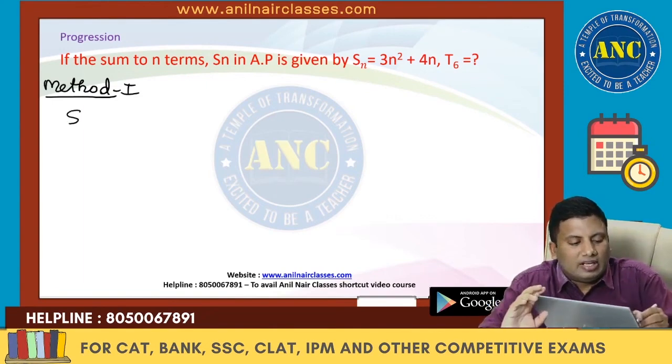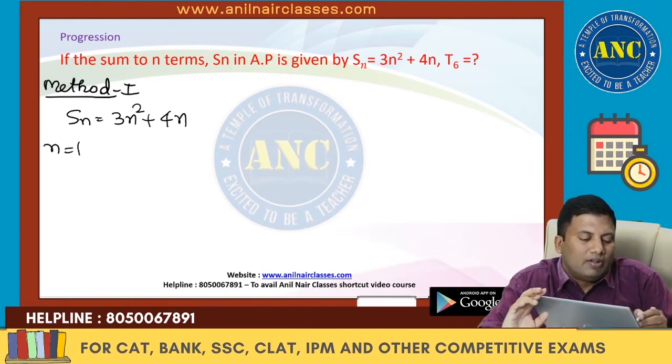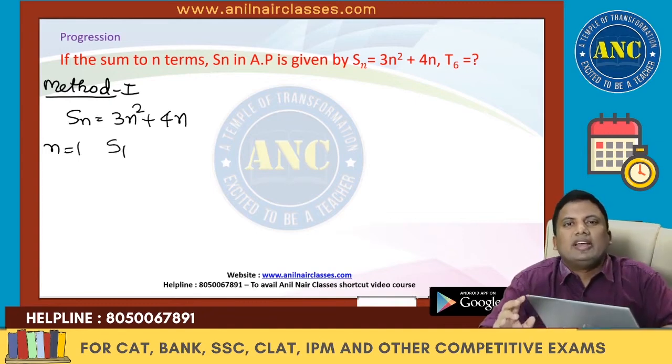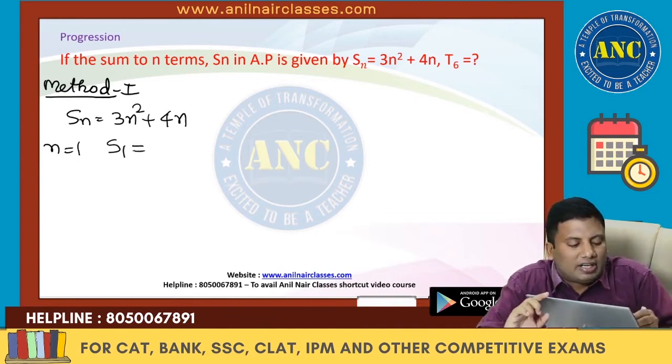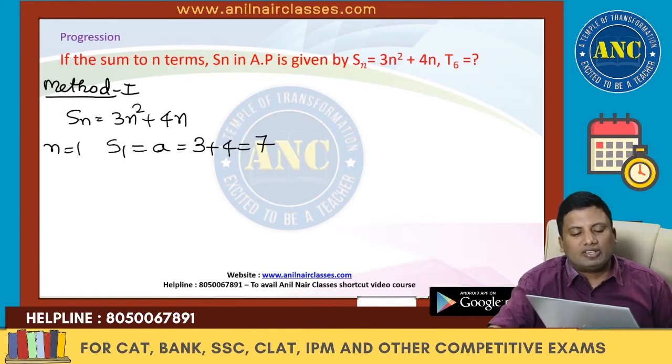Method 1: Sn is nothing but 3n square plus 4n. If I put n value 1, this will become S1. S1 means the sum of one term, which is nothing but A, which is 3 plus 4, which is nothing but 7.